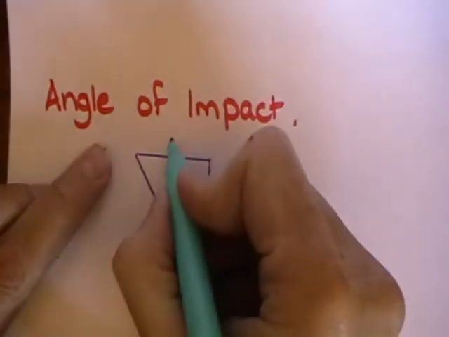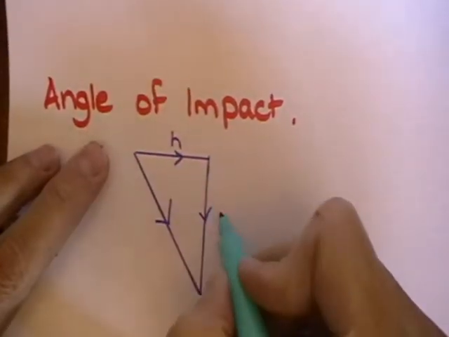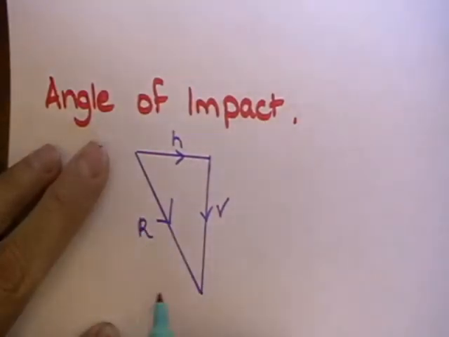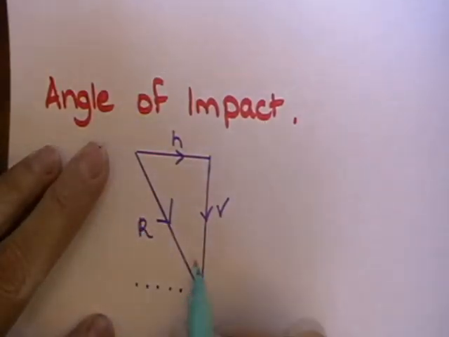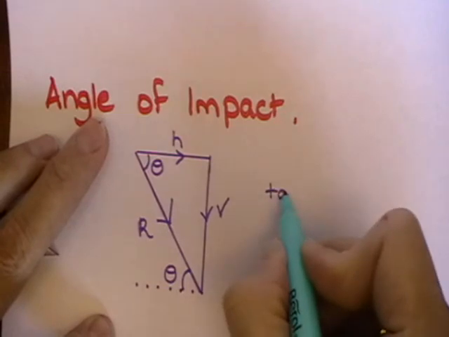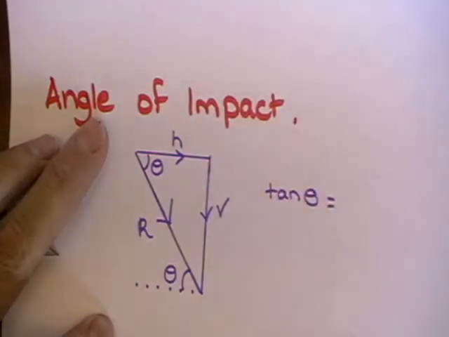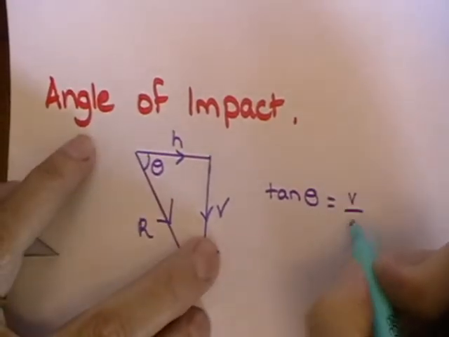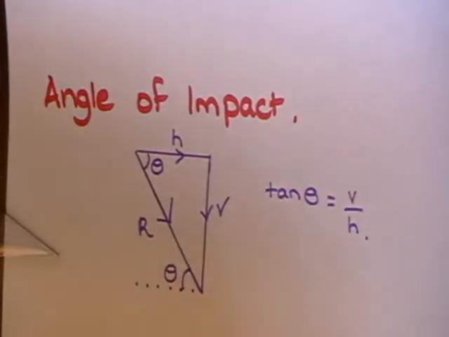And if you know the values of your horizontal velocity, your vertical velocity, and possibly you might now know your resultant, the angle of impact is the angle between the final vector and the ground, which is just this angle here. And so if you do the tan of theta, you could do any of your trig ratios. So tan is opposite, which is V over hypotenuse, and that helps you calculate your angle of impact here.